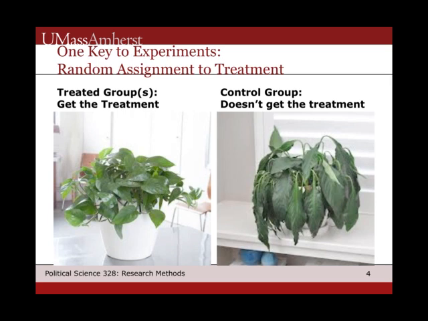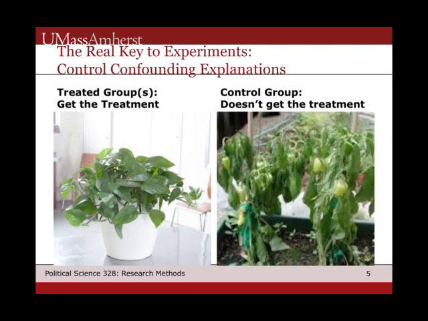However, there is another very important key to this basic experimental setup. And that is that, in essence, the reason random assignment is so important is because you need the same types of subjects, in the case of social science, or whatever the thing is being experimented on in some other cases, in this case the plants.